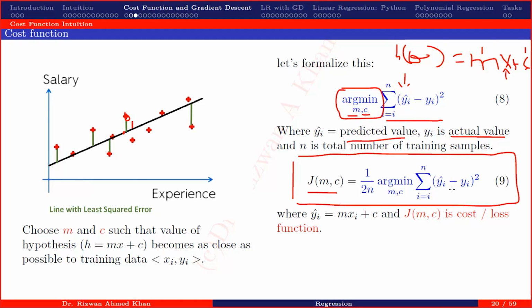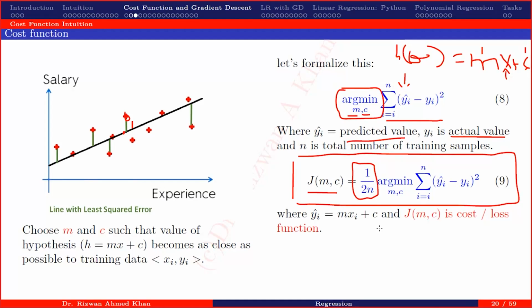So this is the loss, the sum of squared loss, and I have added another term, 1 over 2n. And you will see in 10 minutes why I have added 1 over 2n, because this is a mathematical convenience. So with 1 over 2n, when we take a derivative, the 2 will come over here and the 2 and 2 cancel. And actually for the cost function, it makes no difference because it's just a scalar which is scaling the value.